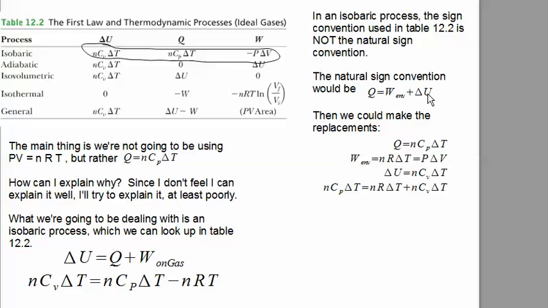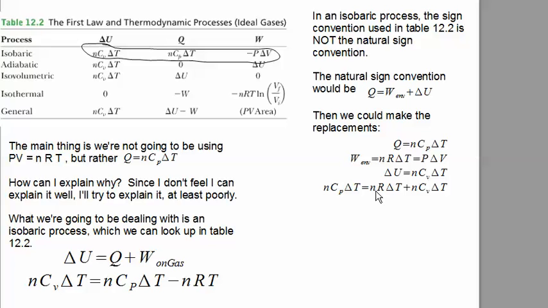And then the delta U, which is the change in the internal energy of the gas, is always the same thing, nC sub V delta T, on every one of these. So delta U is nC sub V delta T. And so then replacing Q with this, you get nC sub P delta T equals the work done on the environment plus the change in internal energy.